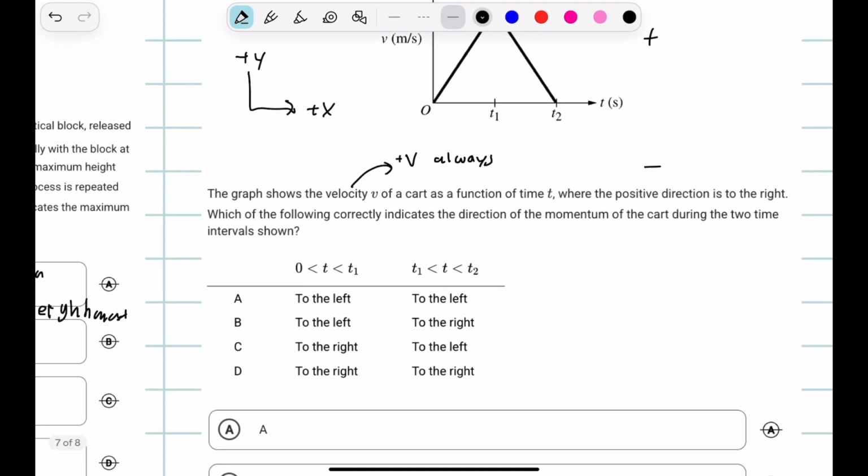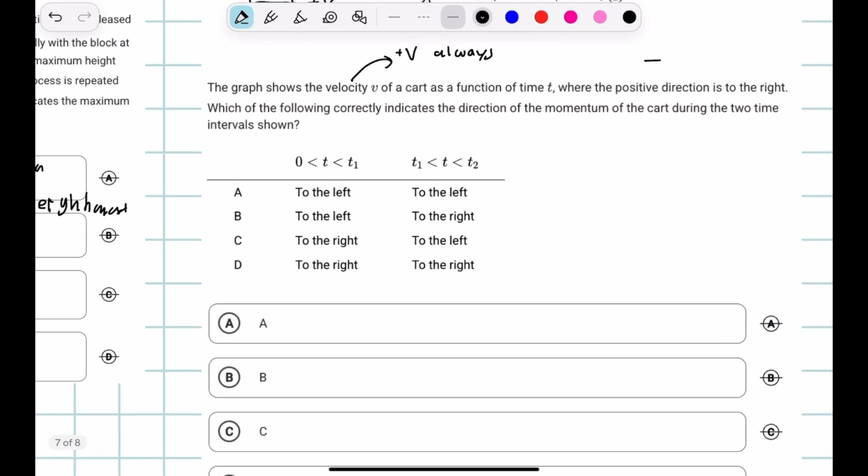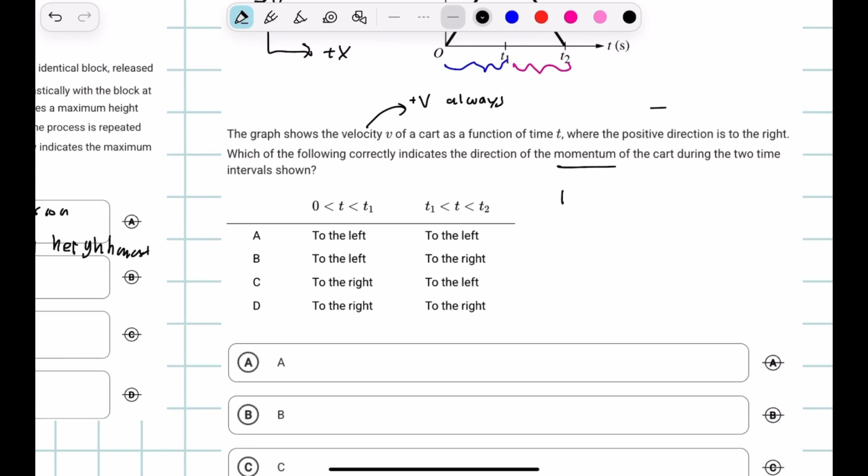So we have two intervals, this interval right here and this interval right here. And we know the relationship for momentum is the vector P equals the mass times the vector V. That means the direction of the momentum is the same as the direction of the velocity.